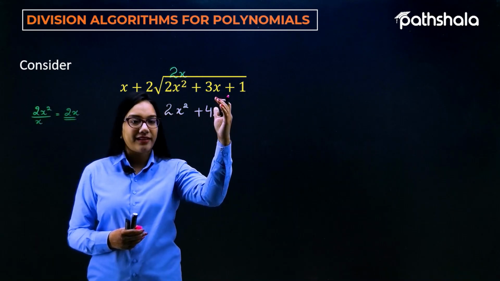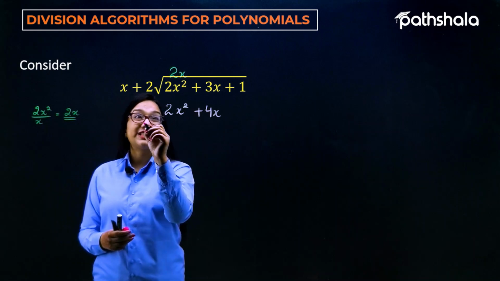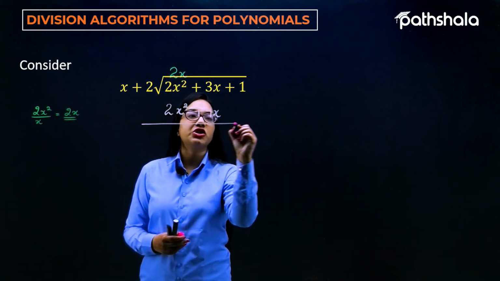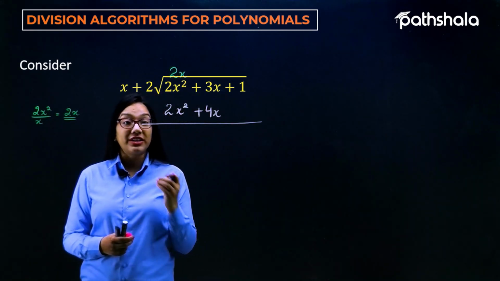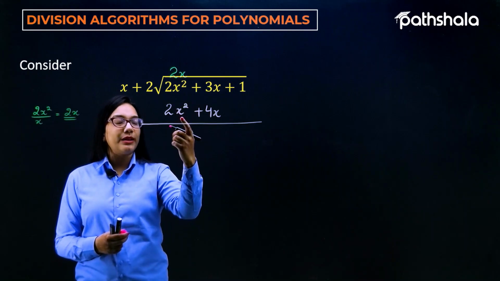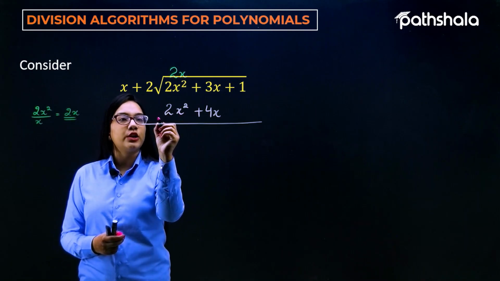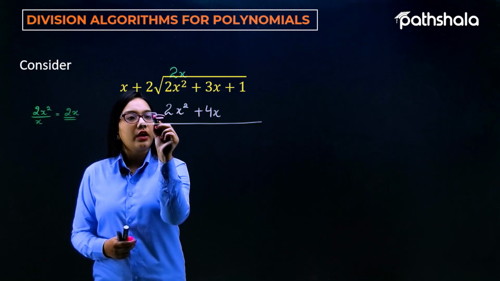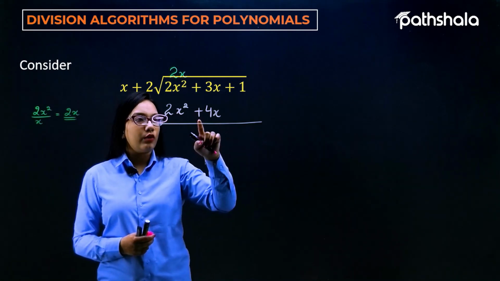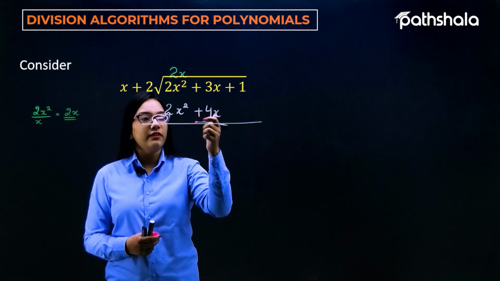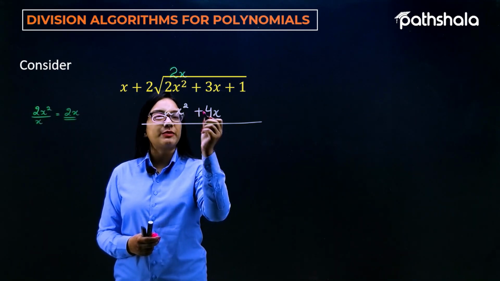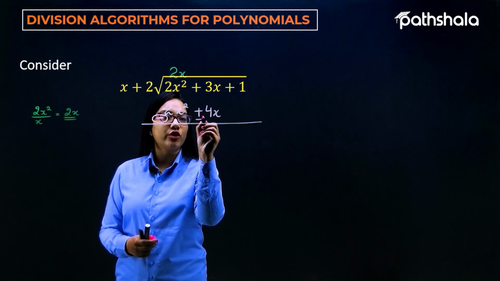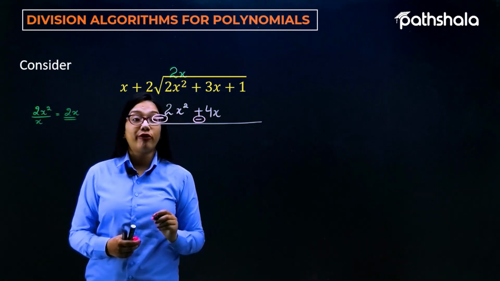Now as we are subtracting both of these terms, the signs will get changed. If it is plus, the new sign will be minus, so the new sign for 4x is negative 4x.